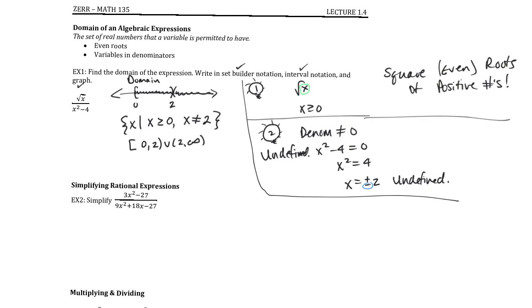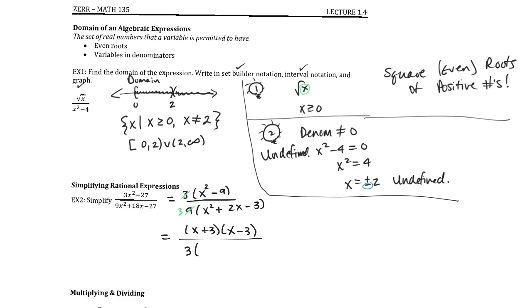Now if we're going to simplify this expression, what I can do is factor. In the numerator, both terms are divisible by 3, so I'll factor out a 3. In the denominator, everything's divisible by 9, so it would be x squared plus 2x minus 3. I can simplify my numbers a little bit. My numerator would factor as x plus 3, x minus 3.